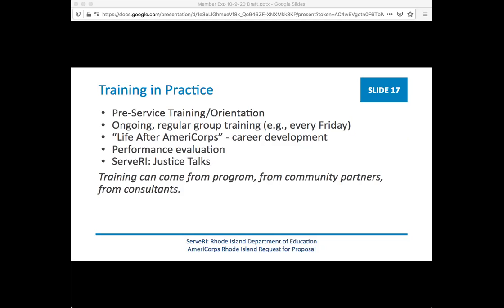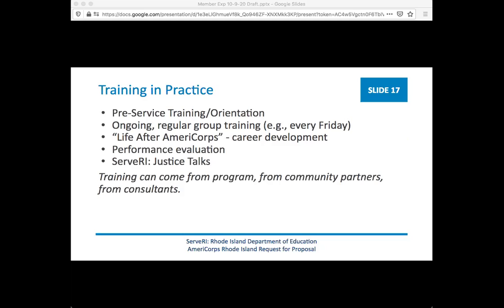For many of the current teams in Rhode Island, that looks like, usually over a period of 2 weeks, a bunch of training that is everything from here's how to fill out your time cards to here's our policies about where you can go in the building and where you can eat your lunch, very basic things like that, to the mission of your organization, to understanding how the organization connects with the service that you're asking them to do.